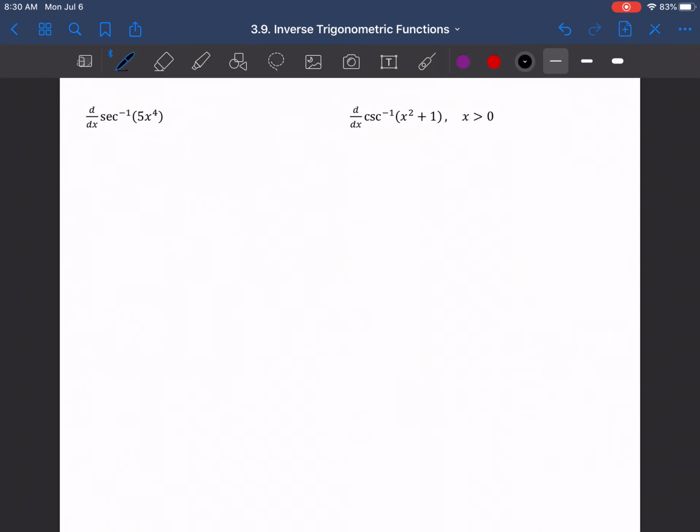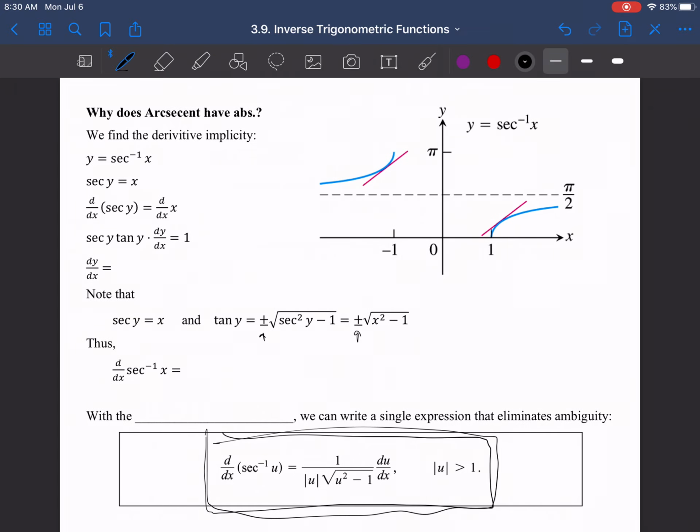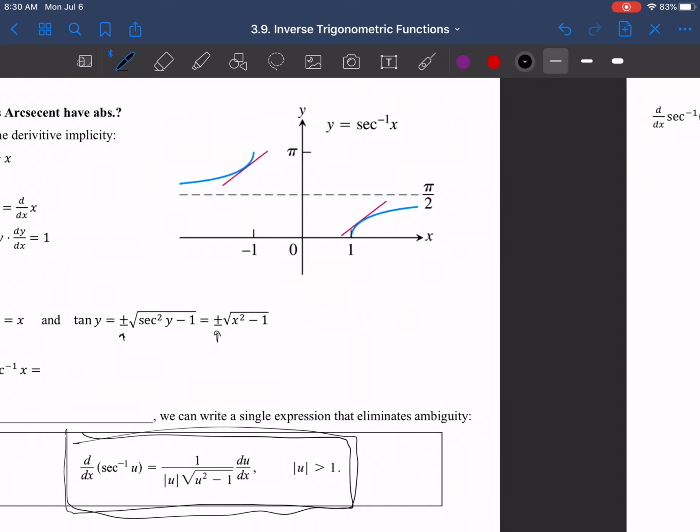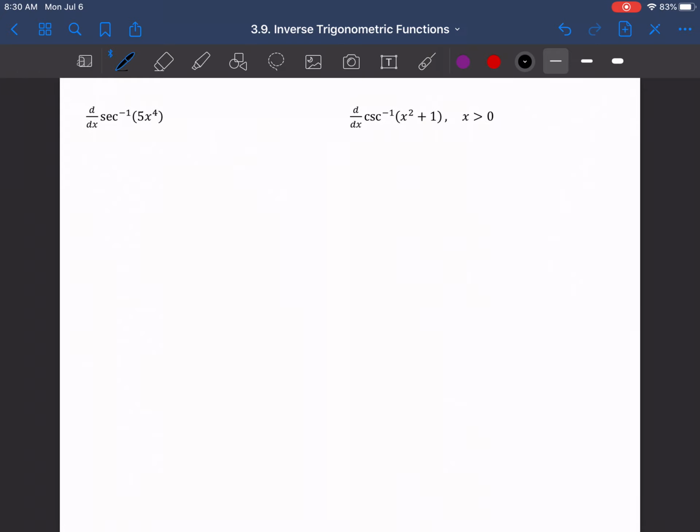Let's do the derivative of the arcsecant of 5x to the fourth. Again, I'm going to switch back to doing derivative of outer times derivative of inner. The outer derivative is the derivative of the arcsecant, and from the previous page, it's 1 over the absolute value of u times the square root of u squared minus 1. Remember, u is what's inside of here.